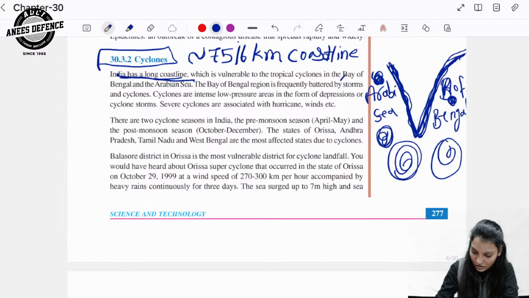Which are the states located near the coast? Here we have Maharashtra, Goa, Gujarat. Next is Karnataka, Kerala. Here we have Odisha, Andhra Pradesh, Tamil Nadu. So these are the states which are vulnerable to tropical cyclones.